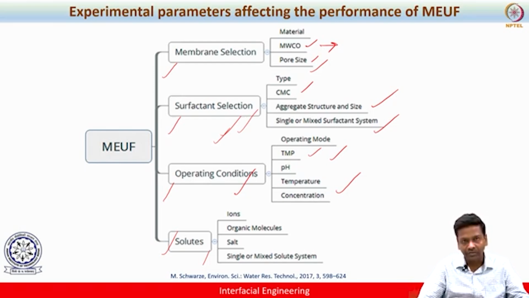When you lower the pH, we generate a lot of protons around the micelles, which keeps the cations away from the micelles, so it is easier to separate the cations from the micelles. In such a case, pH is a very crucial parameter.